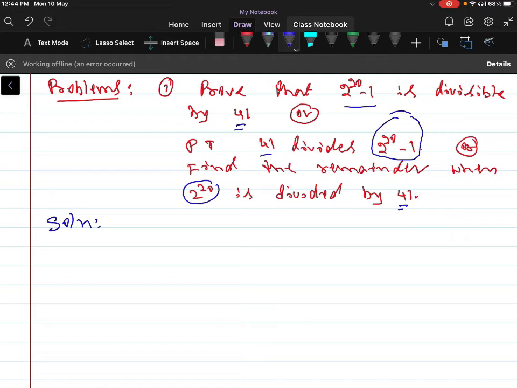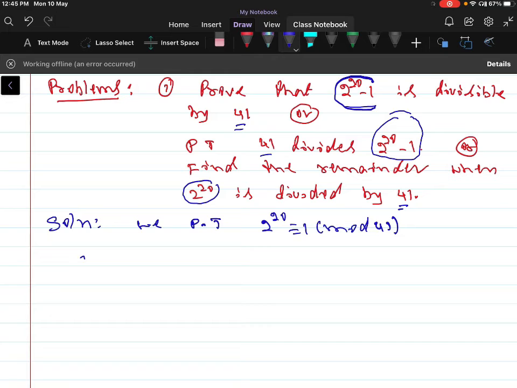You have to prove that 2 power 20 minus 1 is divisible by 41. It means we have to prove that 2 power 20 is congruent to 1 modulo 41.